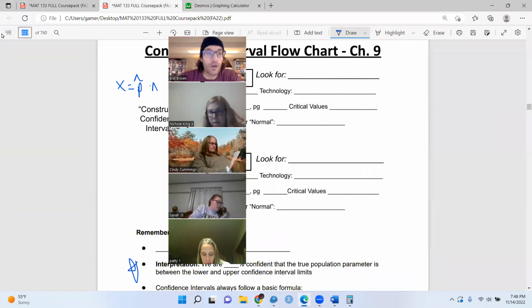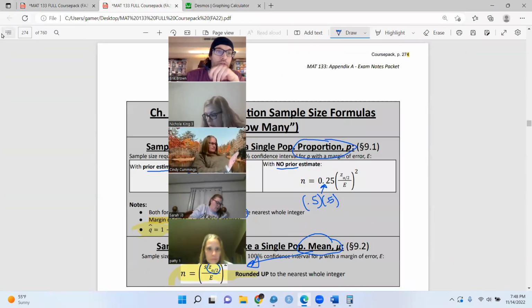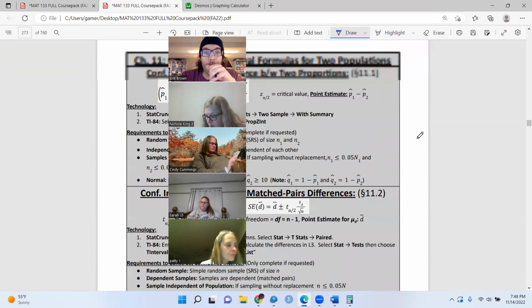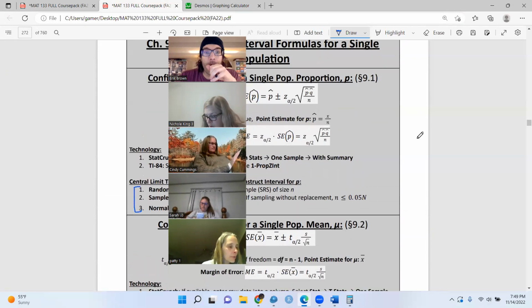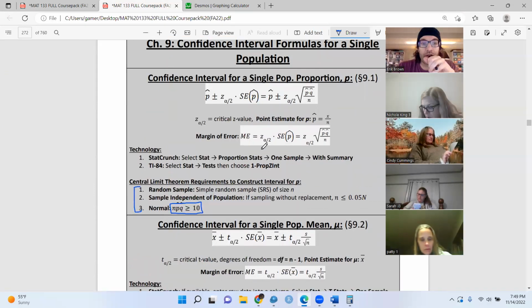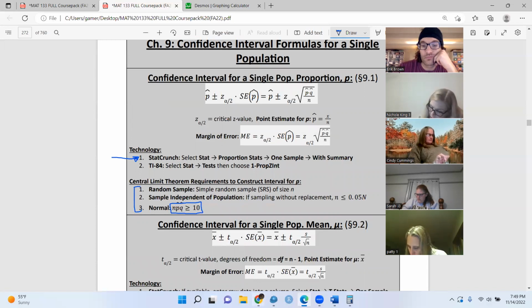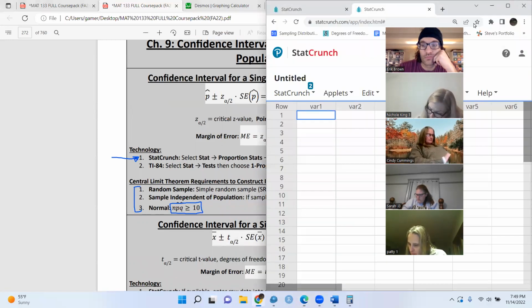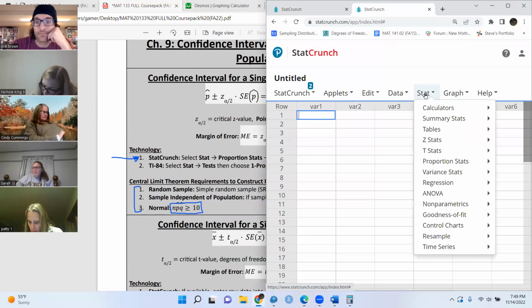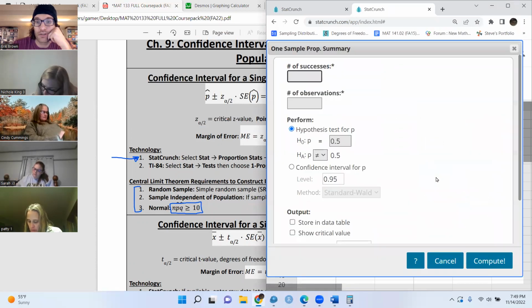Did you know where to go in StatCrunch once you found all those things? This tells you right where to go. Stat, proportion stats, one sample with summary.